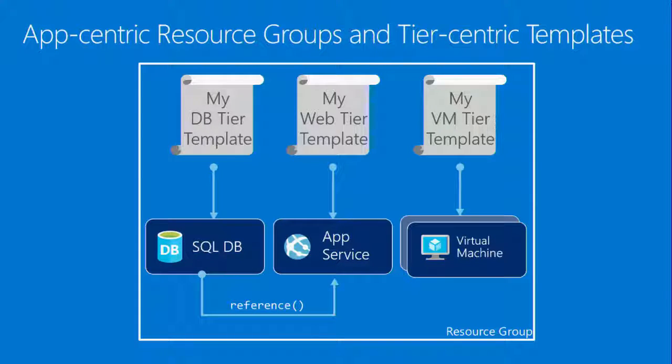Maybe you are going to put all the PaaS components, in the case of SQL DB and the website, into one template, and then you're going to have an infrastructure template which hosts the virtual machines and provisions the virtual machines. Okay? Remember that resources always live in just one resource group. Okay? This is an important principle. And respectively, when you deploy this whole thing, right, all these 3 deployments in the picture, they need to be pushed into a single resource group.